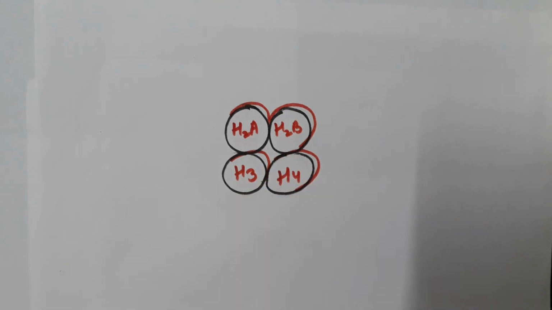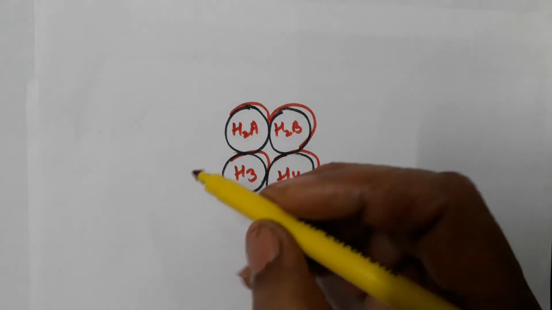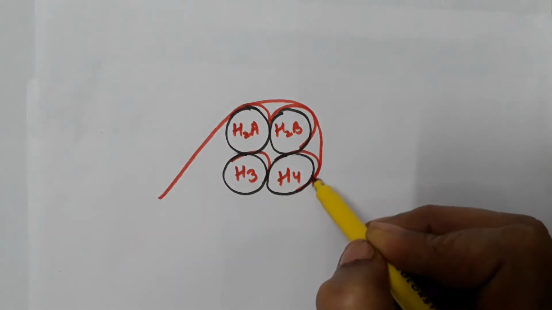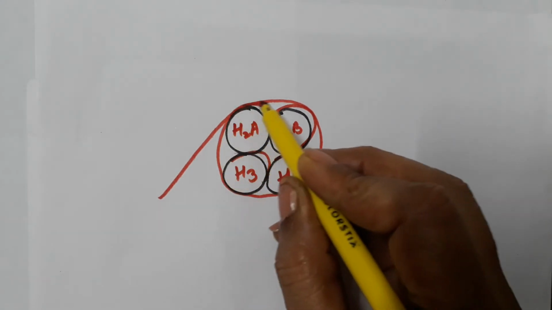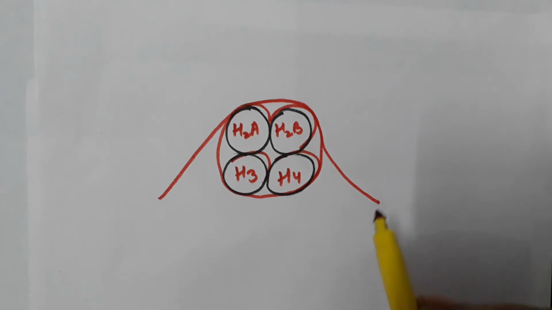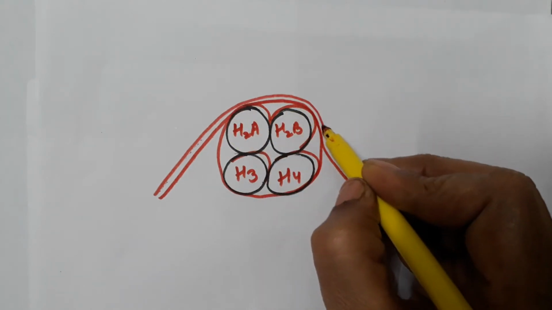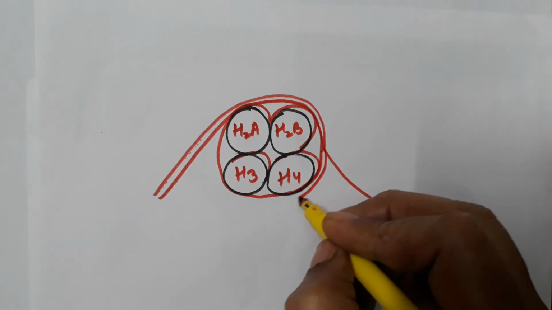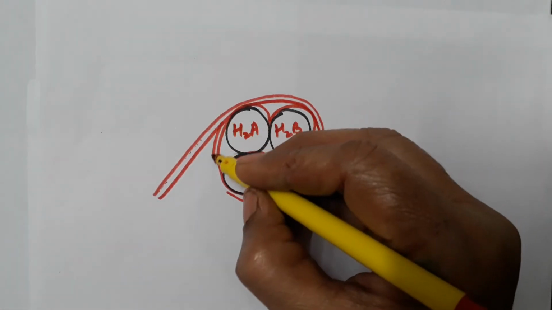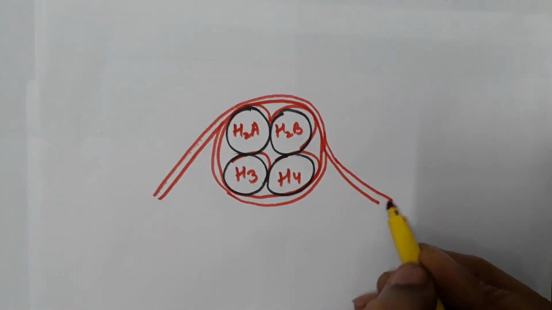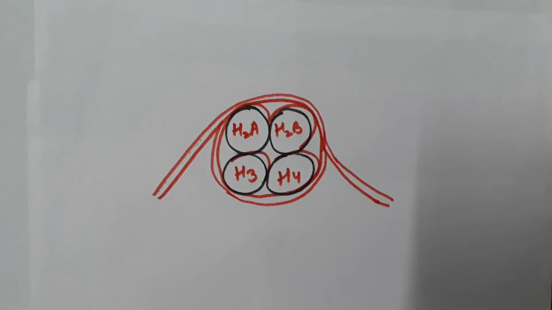Around this histone octamer, negatively charged DNA is wrapped. How is it wrapped? This is the double-stranded DNA which is wrapped around the histone octamer.